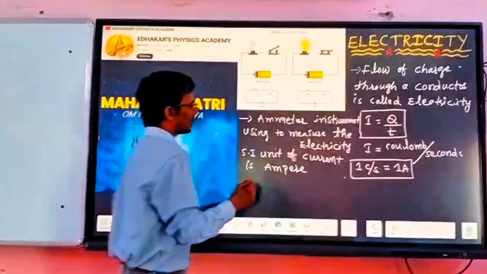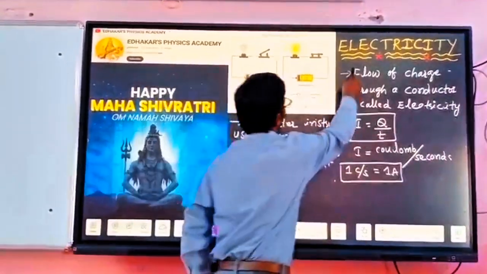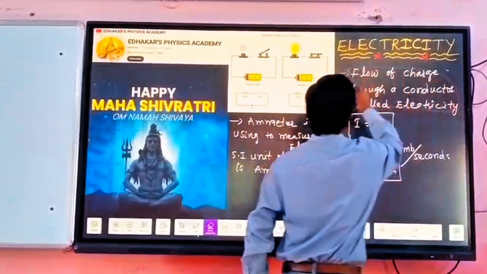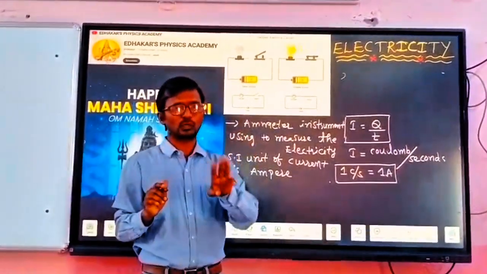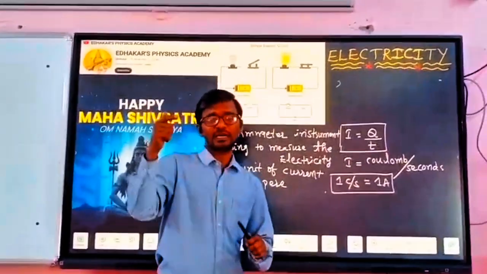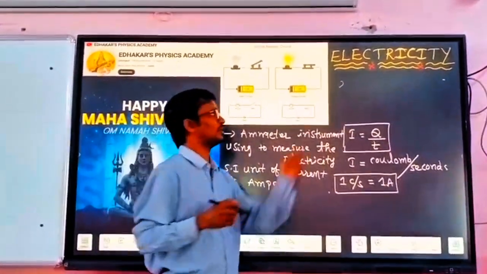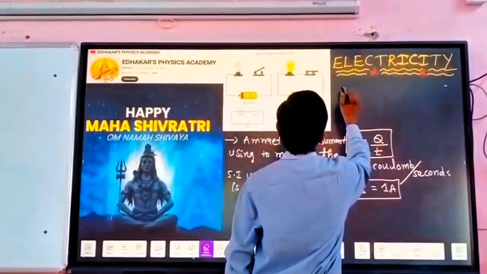Now, based on the current passing through a material, materials are divided into two types. The first one is conductors.